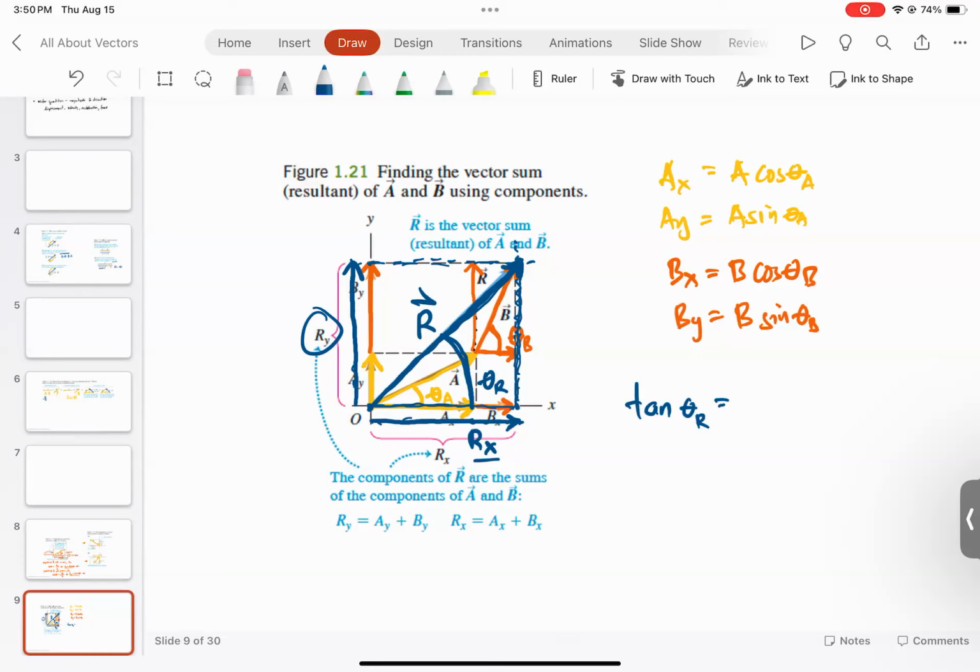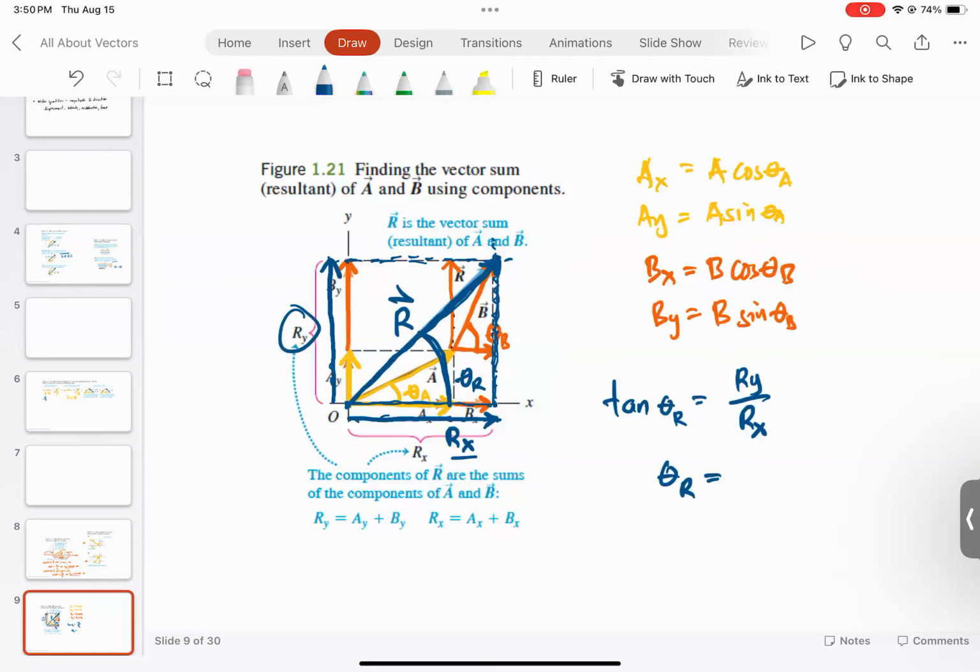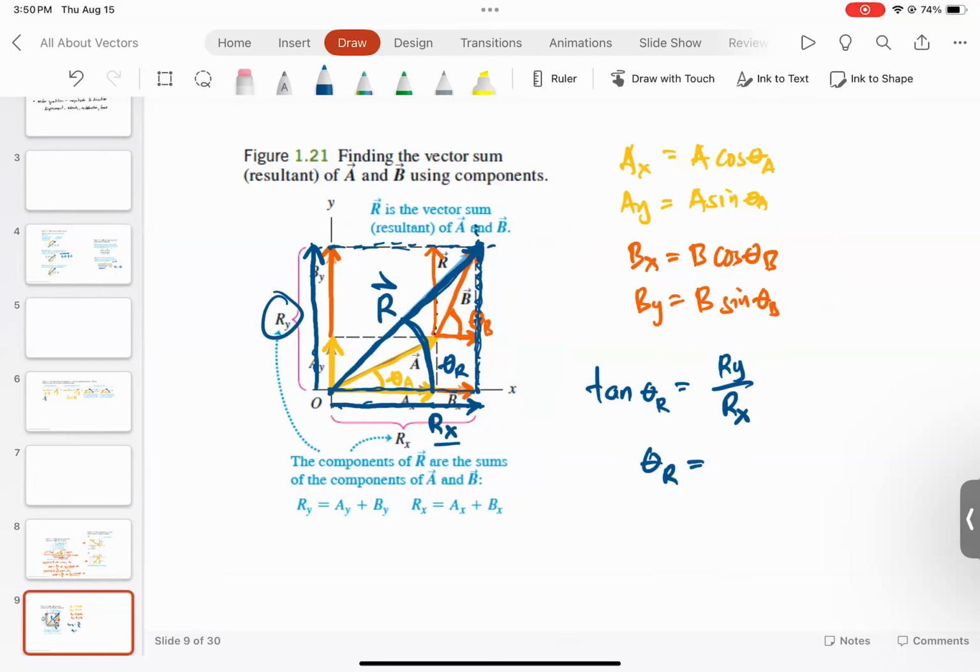So opposite is Ry, and yung adjacent is Rx. So theta R is equal to tangent inverse Ry over Rx.